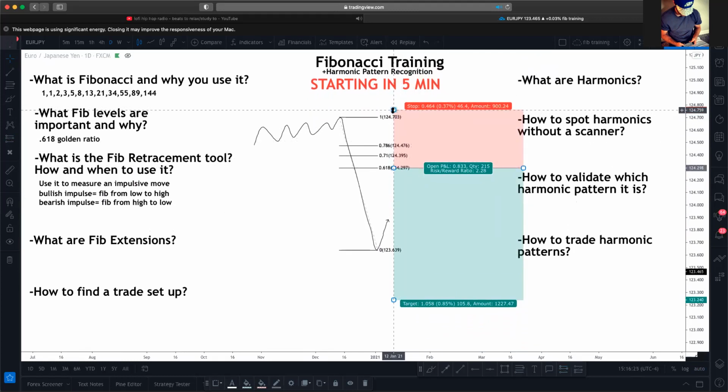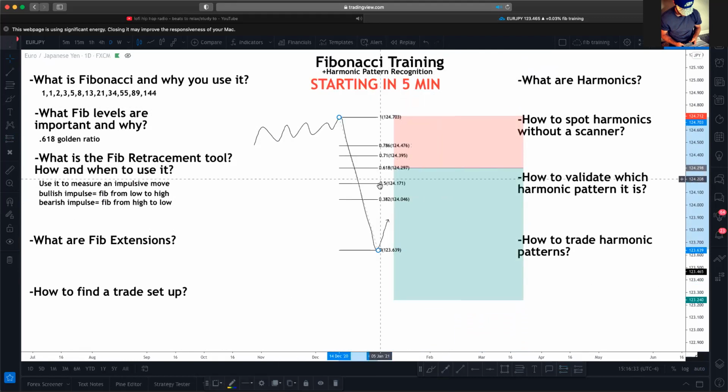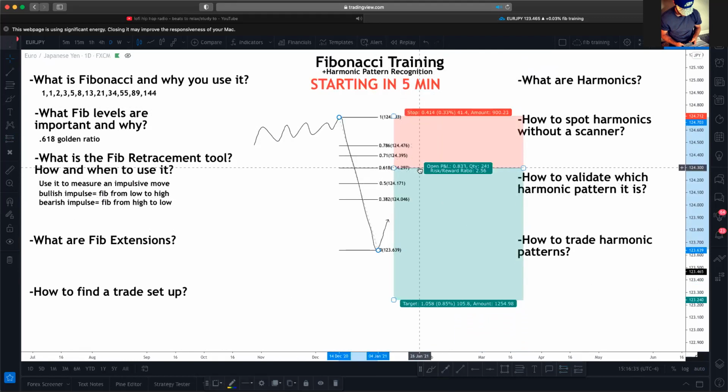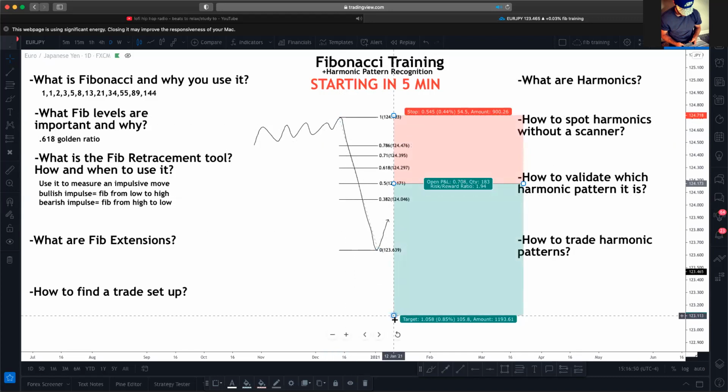Now, if you take a trade off the 38.2, which is going to be down here, or even the 50, these levels are down here, your risk to reward is just not going to be as good unless you add more risk putting your stop loss over here. Me, like I said, I like to keep my stop loss above the impulse or below the impulse, depending which way it goes.